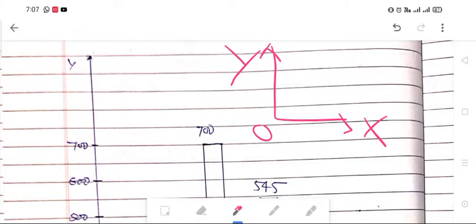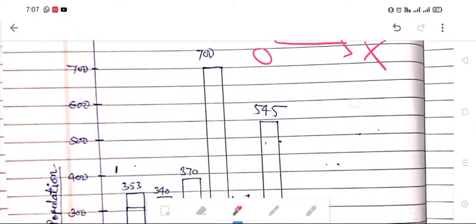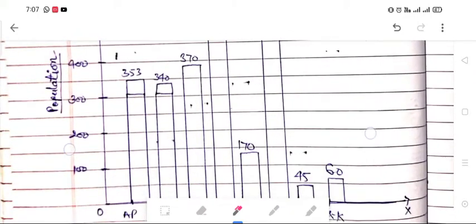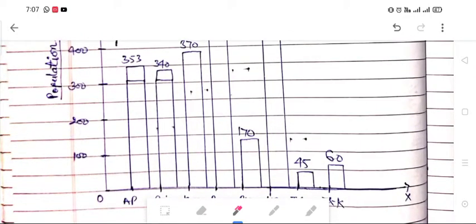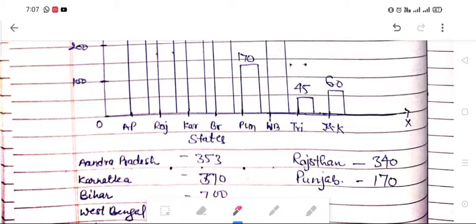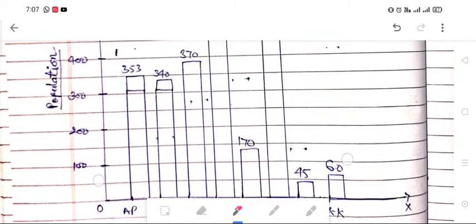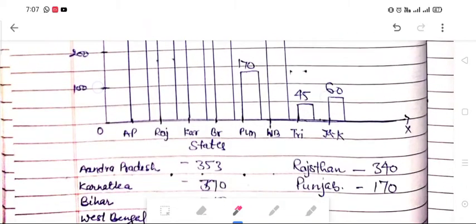Now we have to construct the bars which will represent the population of the states of India given. So let's see the first state, that is Andhra Pradesh. On the horizontal line we represent the states, and on the vertical line we shall represent the population. So here we divide the x-axis into some parts. The first part represents Andhra Pradesh.